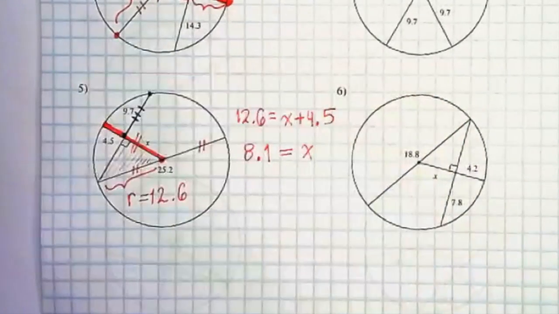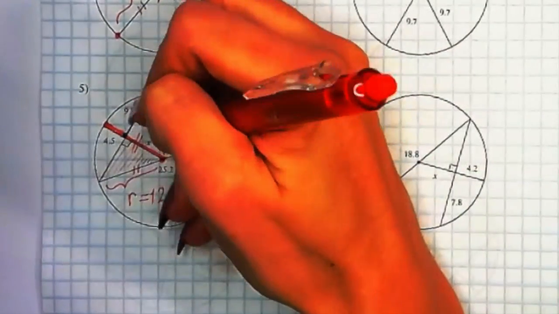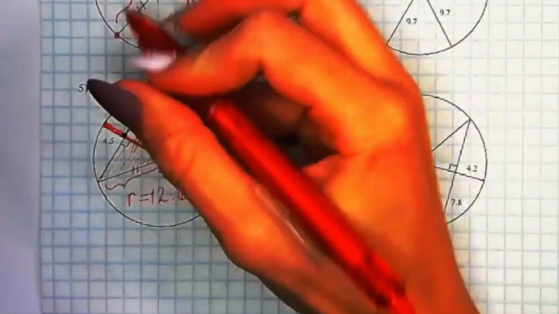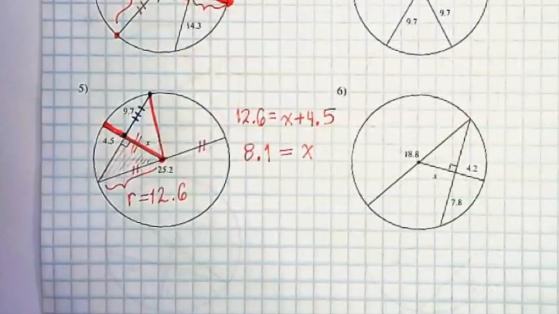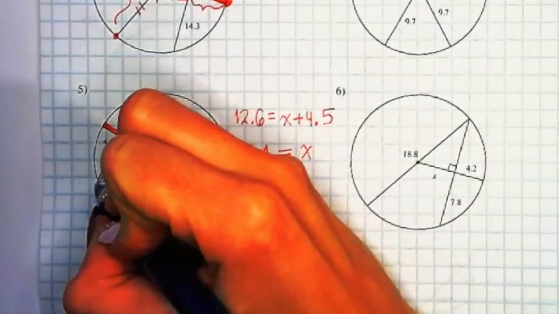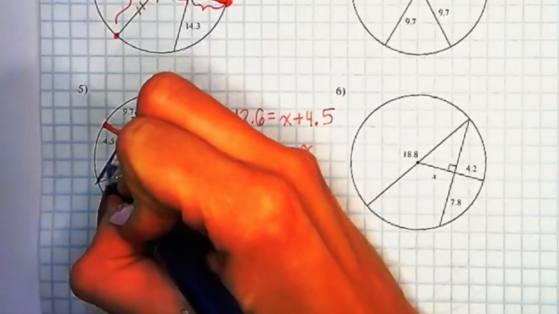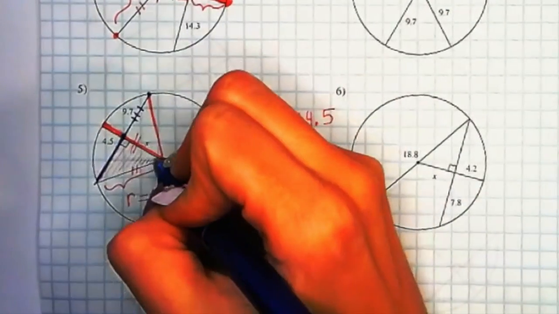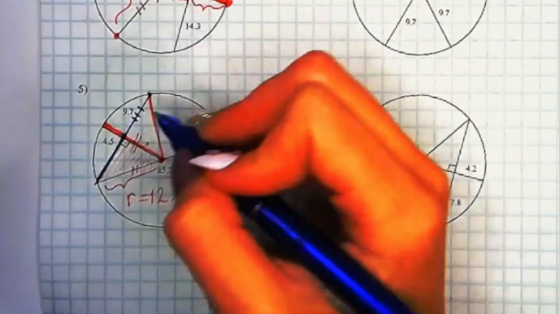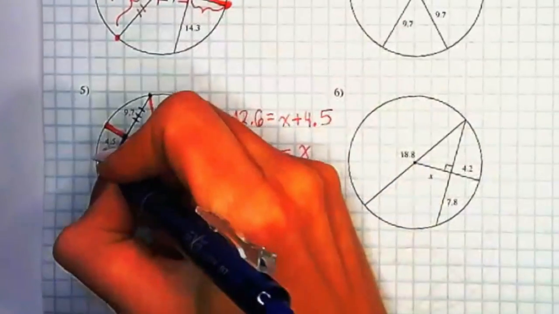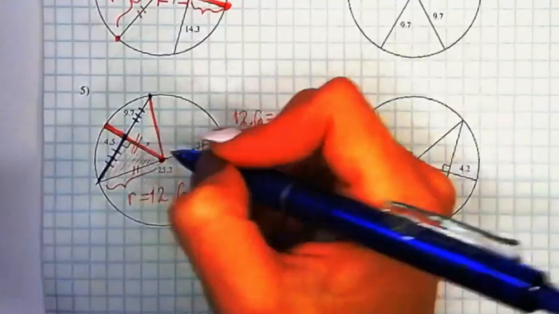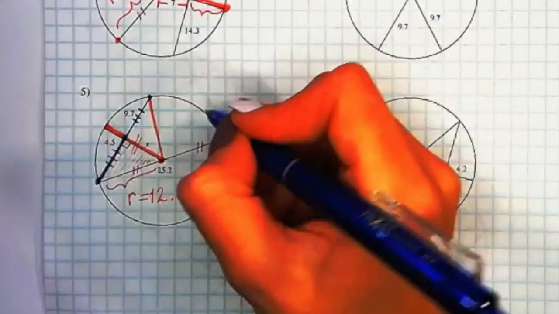And if this is also 12.6, then we can use that hypotenuse-leg theorem again to see that this piece is also 9.7, which actually gives us one of our theorems. If we have a radius run perpendicular into a chord, it's going to bisect that chord. Therefore, these two pieces are congruent.